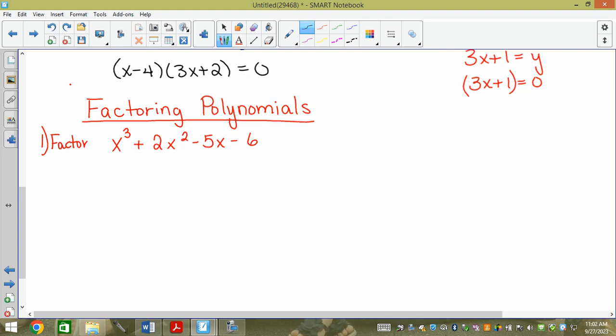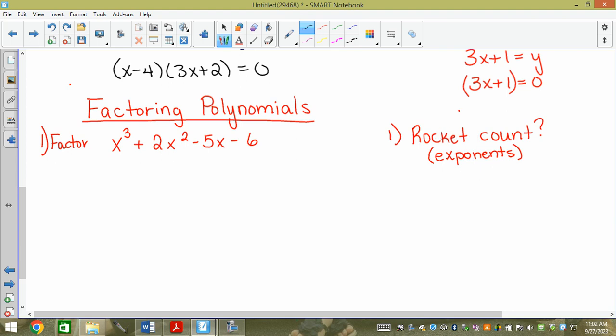Now, these are the steps that I use to factor. Step 1, I always say, can I rocket count? I want to rocket count my exponents. If I can't, I'm going to have to put a placeholder in there. So what the heck does that mean?